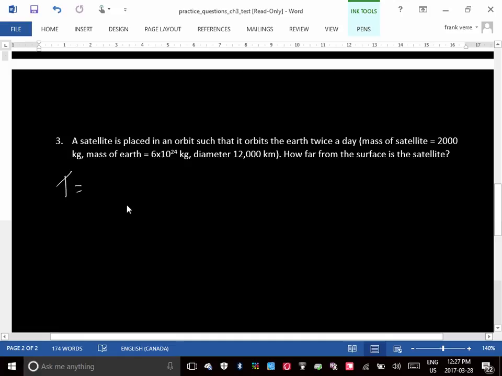It would have been 24 hours times 60 minutes times 60 seconds. And if it orbits twice a day, then the orbital period would actually be half of that, right? So it would be divided by 2. So I think it was like 86,000 seconds, so it should be 43,000.